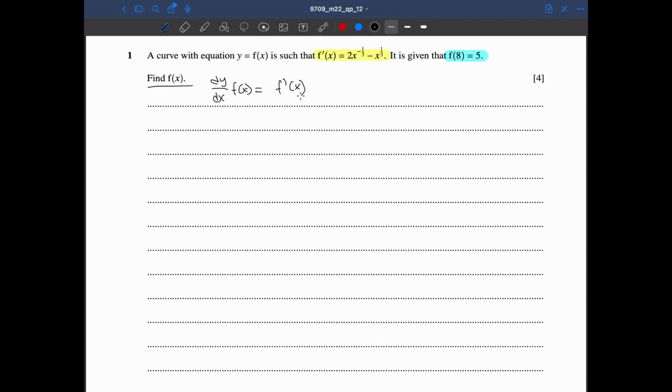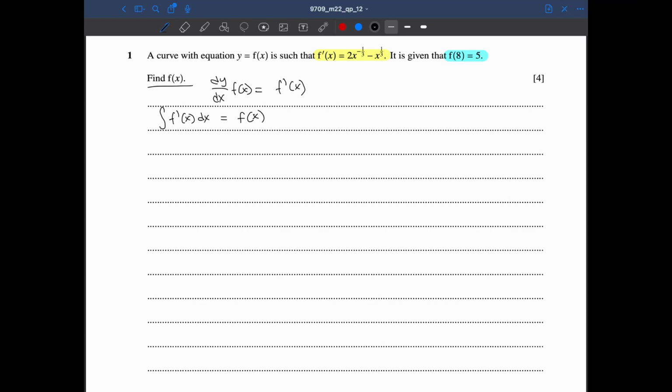What is the reverse operation of differentiating? That's integrating. So we need to integrate f prime x with respect to x, and that's how we get f of x.